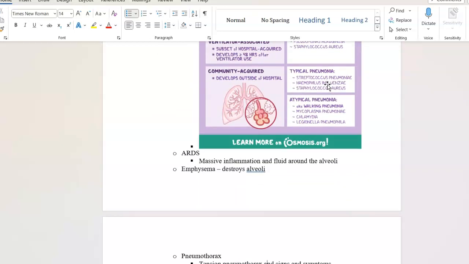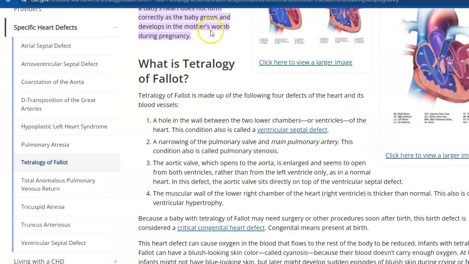Okay. Acute respiratory distress syndrome is when there is damage or severe illness, which can lead to massive inflammation and fluid around the alveoli. And from what I understand, this is pretty scary when this happens. Emphysema is when there is a destruction of alveoli, and instead of, I'm going to get a picture.